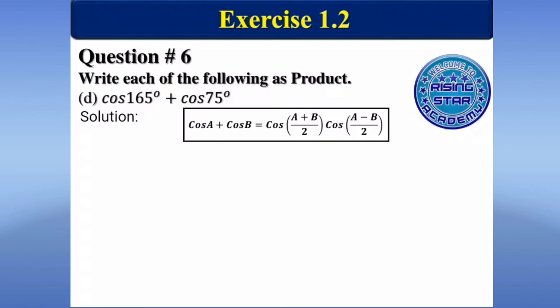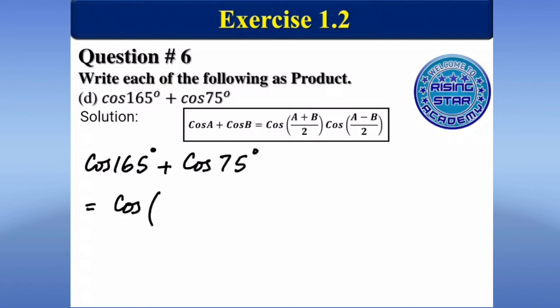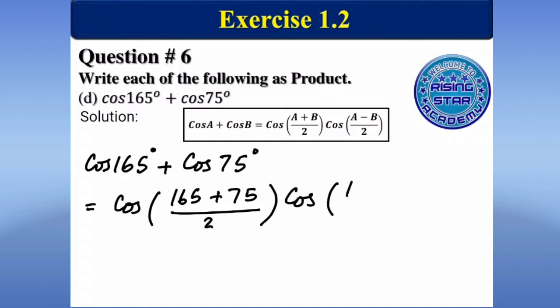In part D, we have cos of 165 plus cos of 75. So we'll use this identity. I would write cos of 165 plus cos of 75. So we have 2 cos of 165 plus 75 divided by 2 into cos of 165 minus 75 divided by 2.